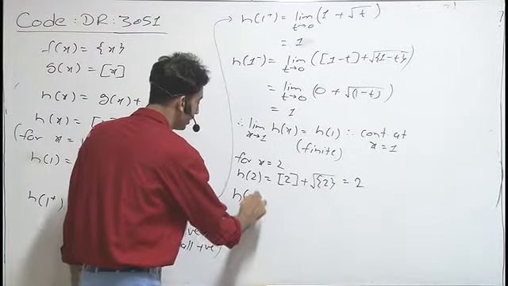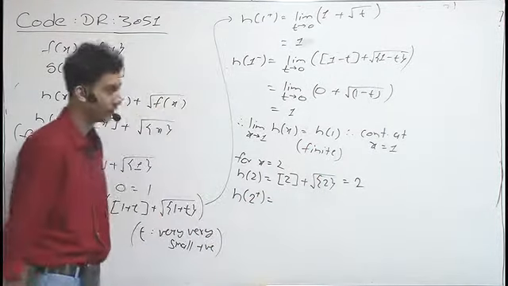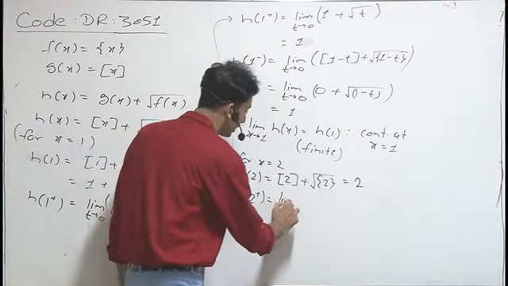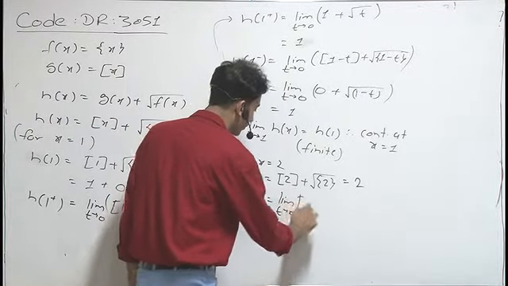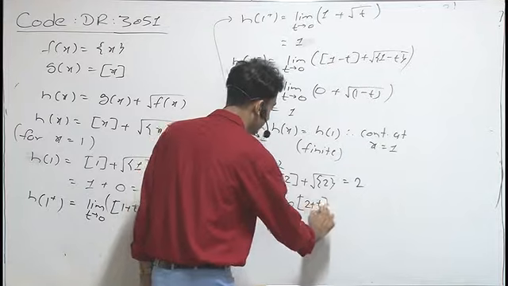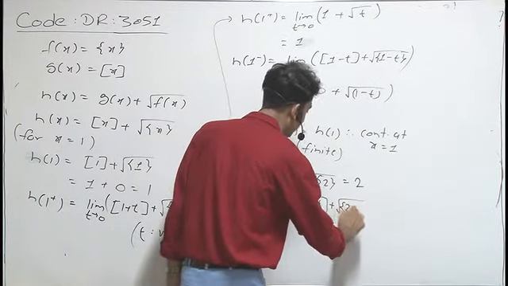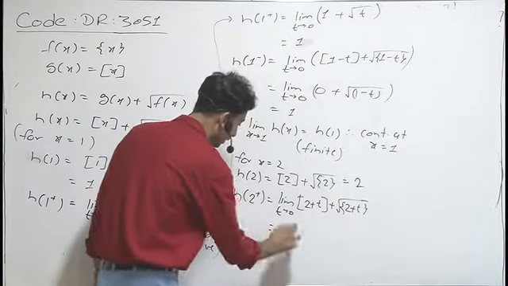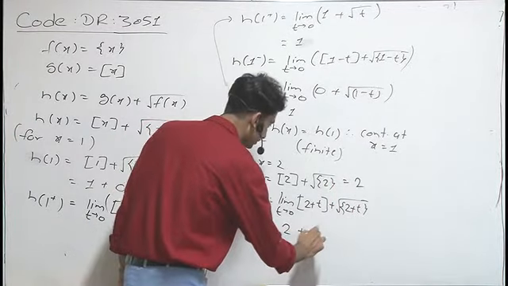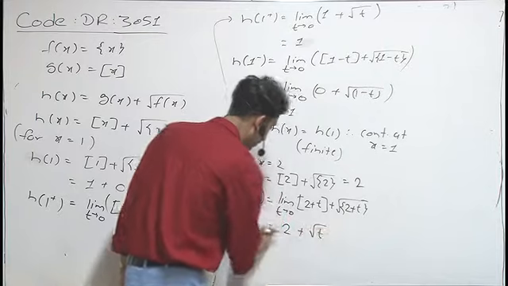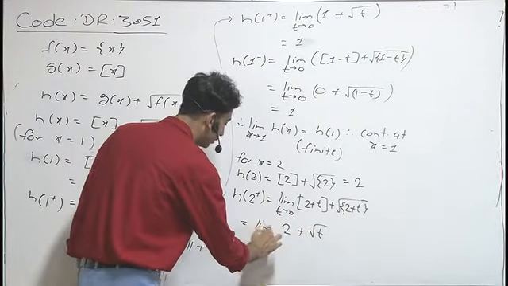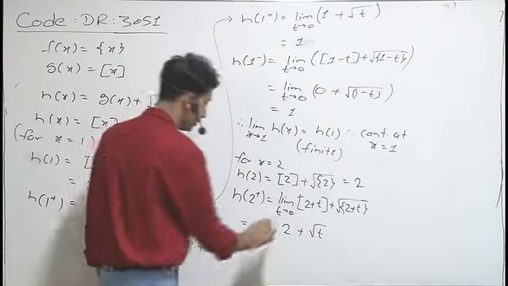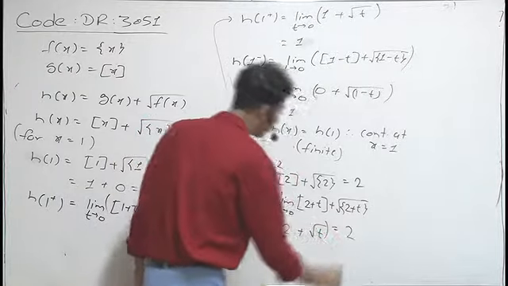If we calculate the right hand limit h2 plus, it gives us limit t tending to 0, box of 2 plus t plus under root fractional part of 2 plus t. It means we have 2 plus under root t, limit t tending to 0. It means this limit equal to 2.